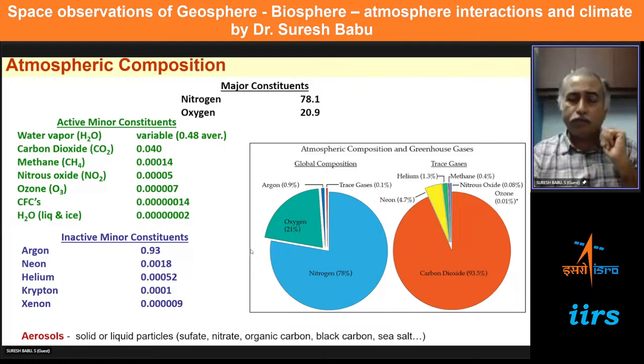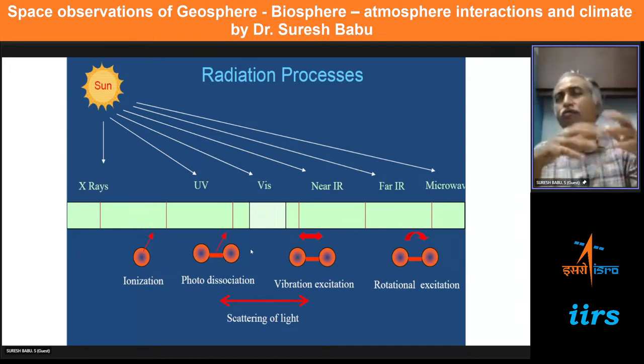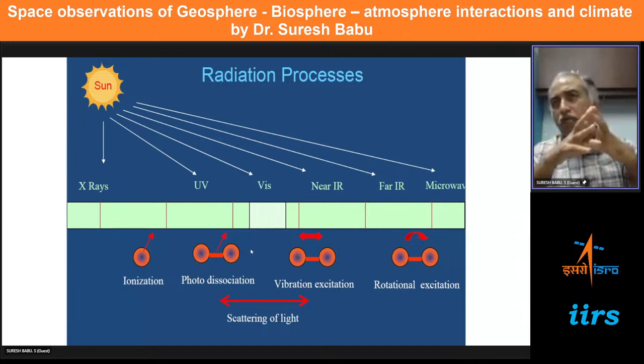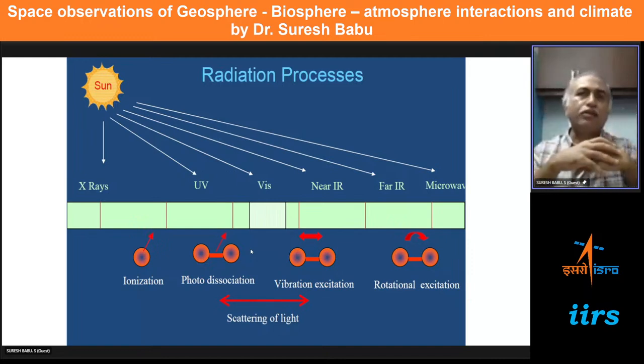So we know that there are different radiative processes. These radiative processes decide how the solar radiation propagates through the atmosphere, as well as how the terrestrial radiation is emitted and escapes to space.